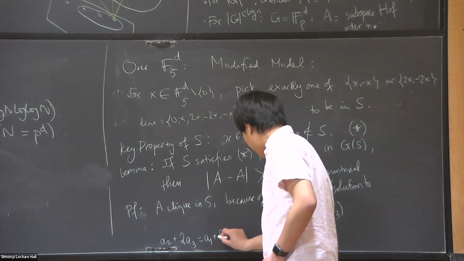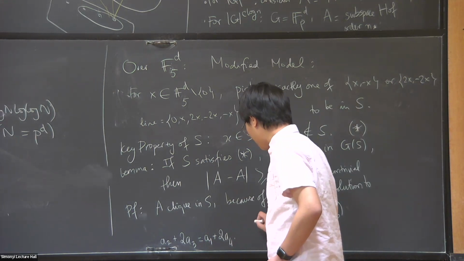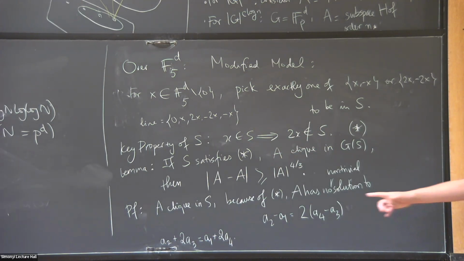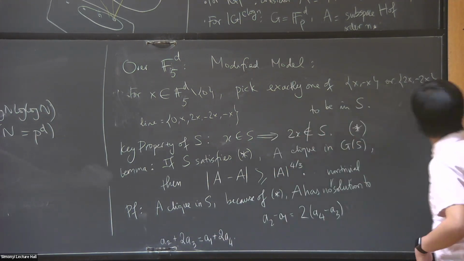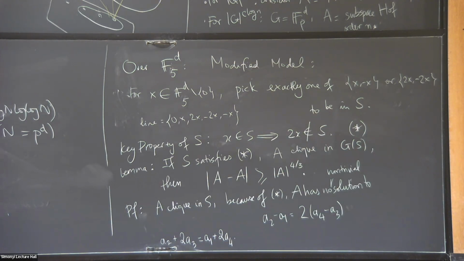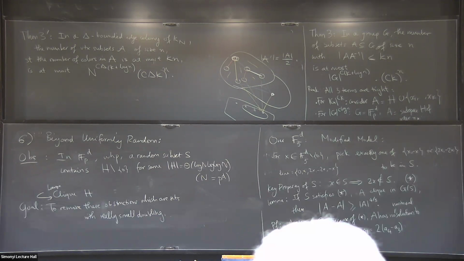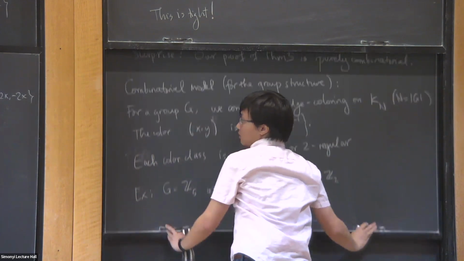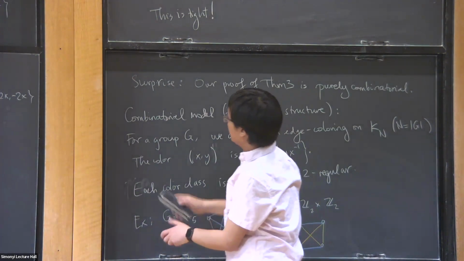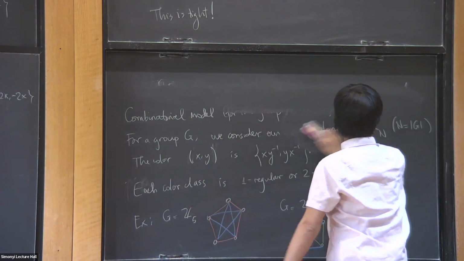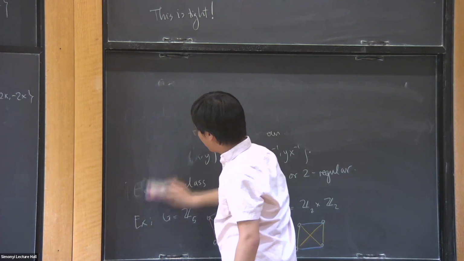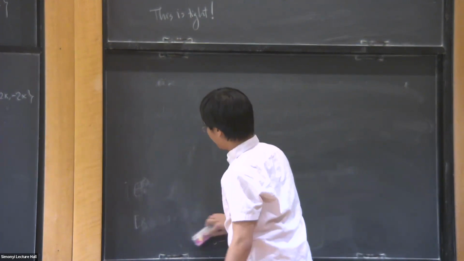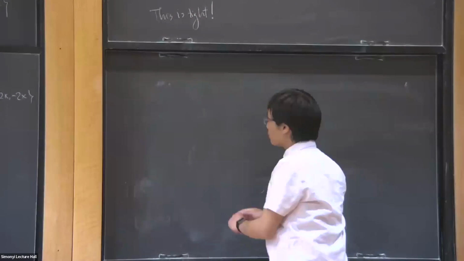We can write this equation equivalently in this very symmetric form. And now, because it's symmetric, it is much easier to show that if A has too small doubling, then it must have some solution to that equation. Let me write down the argument now.